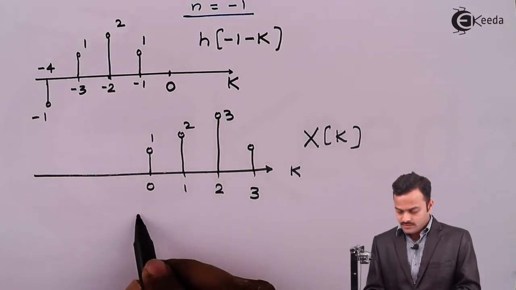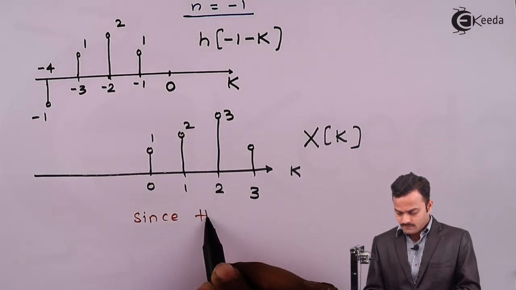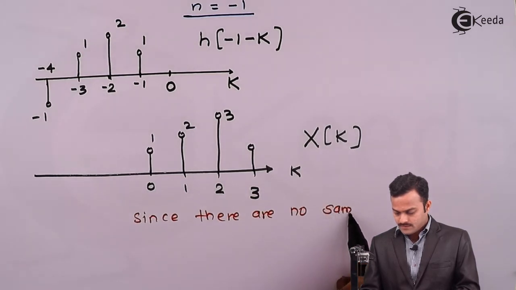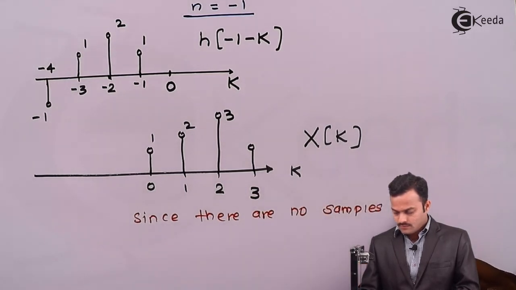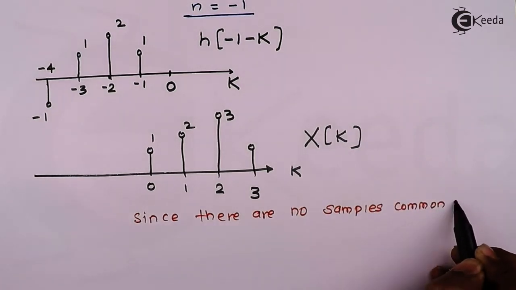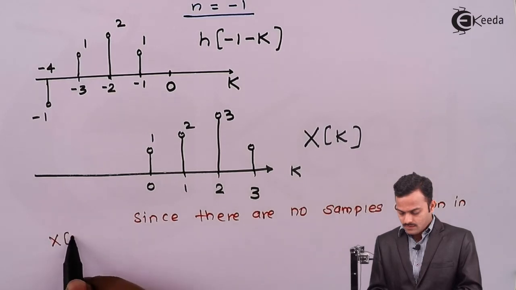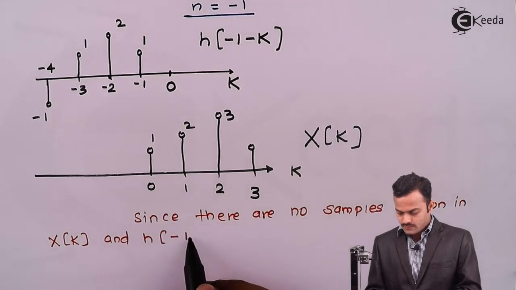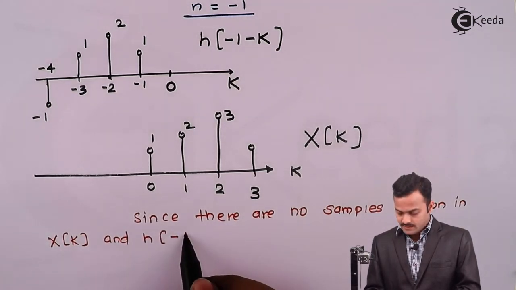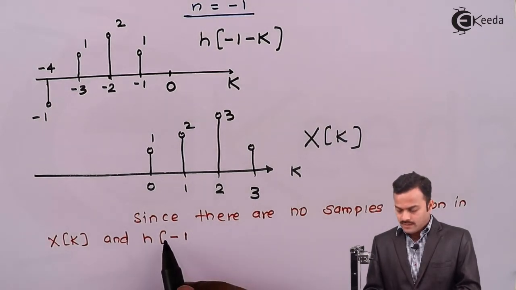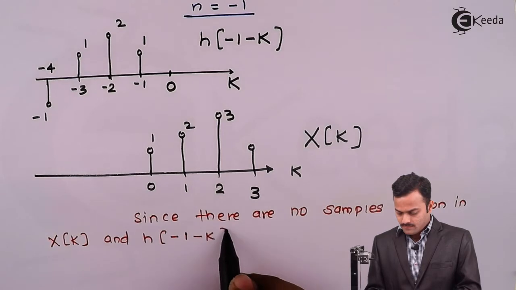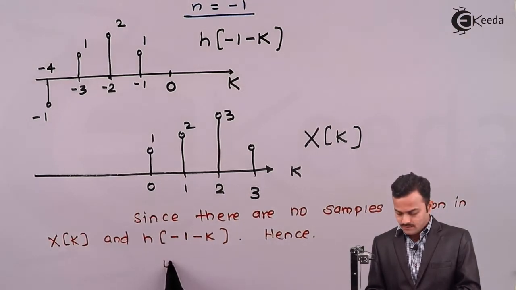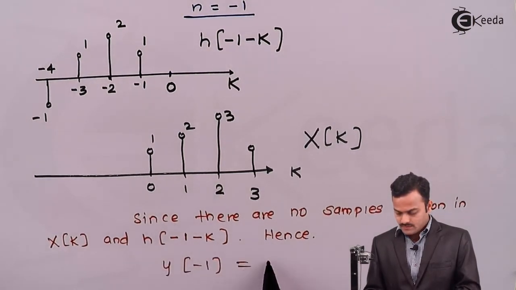So I can say over here, since there are no samples common, or you can say overlapping, in x of k and h of -1 minus k, hence I can say y of -1 is 0.